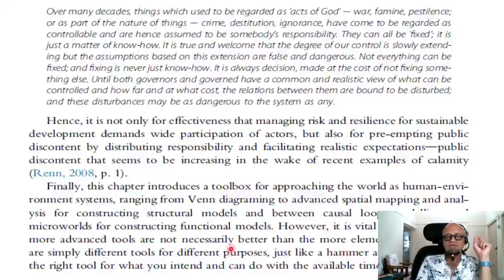They are simply different tools for different purposes, just like a hammer and a LiDAR. The hammer is good for hitting a nail, but a LiDAR is required for mapping and so on. Use the right tool for what you intend and can do with available time and resources.